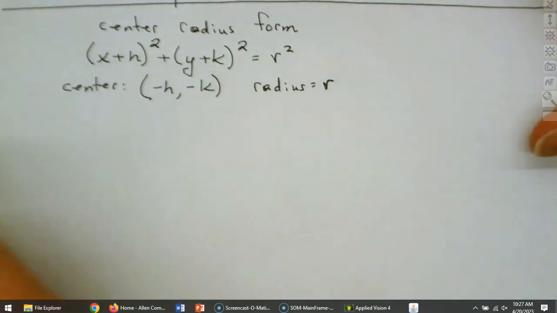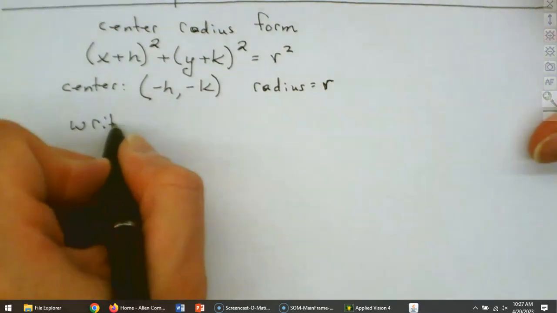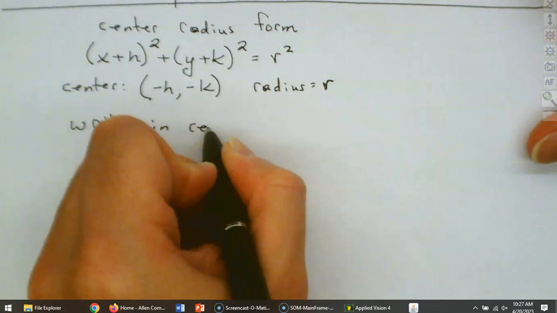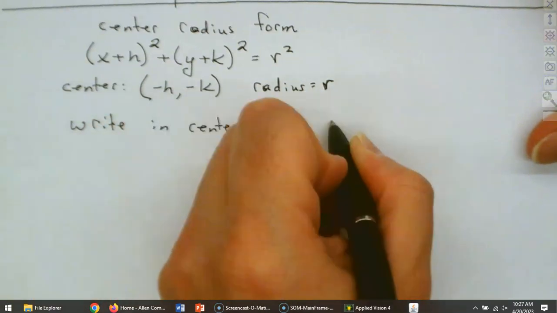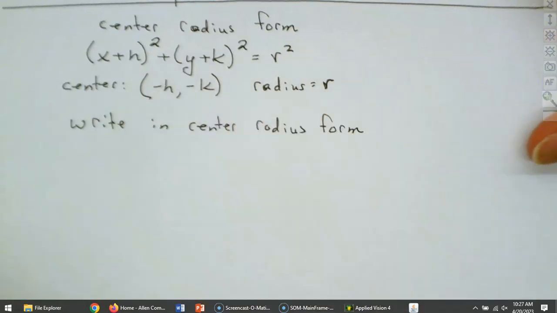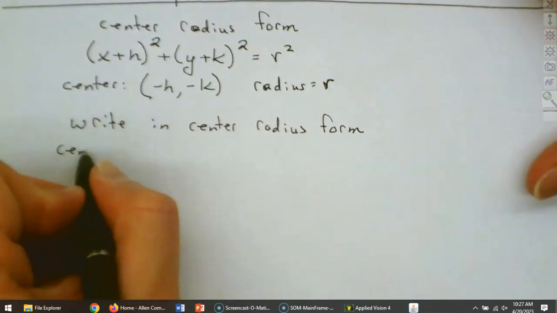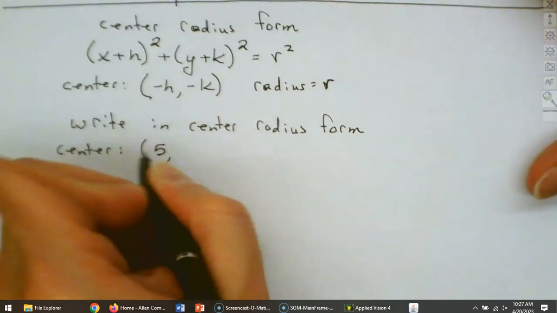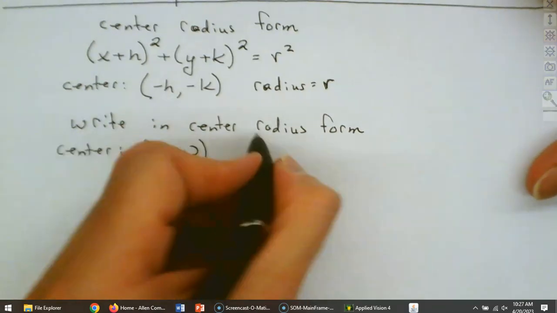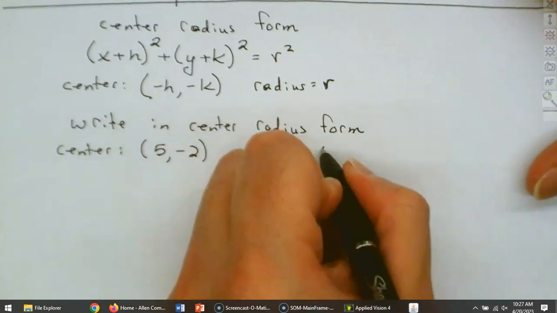So let's go ahead and write this in center radius form. We'll do this one first. Let's say we have a center of 5, negative 2, and a radius of 4.